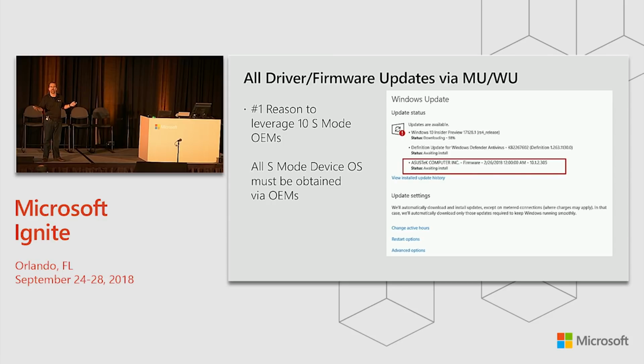Obviously, that's been the case across all of Windows 10 since 1607. And more importantly, we can't have co-installers for firmware. Firmware updates need to come through the Microsoft Update channel. And that makes total sense because we don't have the capability of running Win32 co-installers on S-mode. There's a good reason for that.